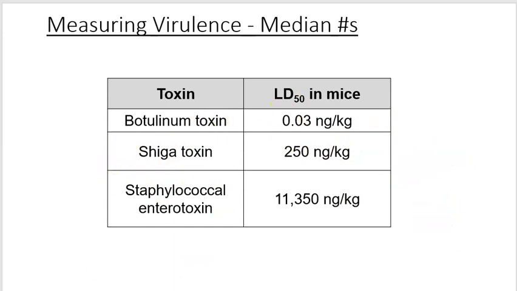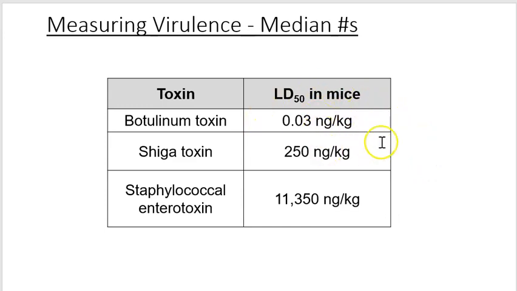Shigella toxin, this is the cause of traveler's diarrhea, so it either kills you or makes you wish you were dead. But if we look at botulinum toxin, you can see this is an extremely toxic thing. If you think back to when you were making media, we were doing milligrams, a few pinches of salt. Well, now we've gone past micrograms and we're into nanograms.